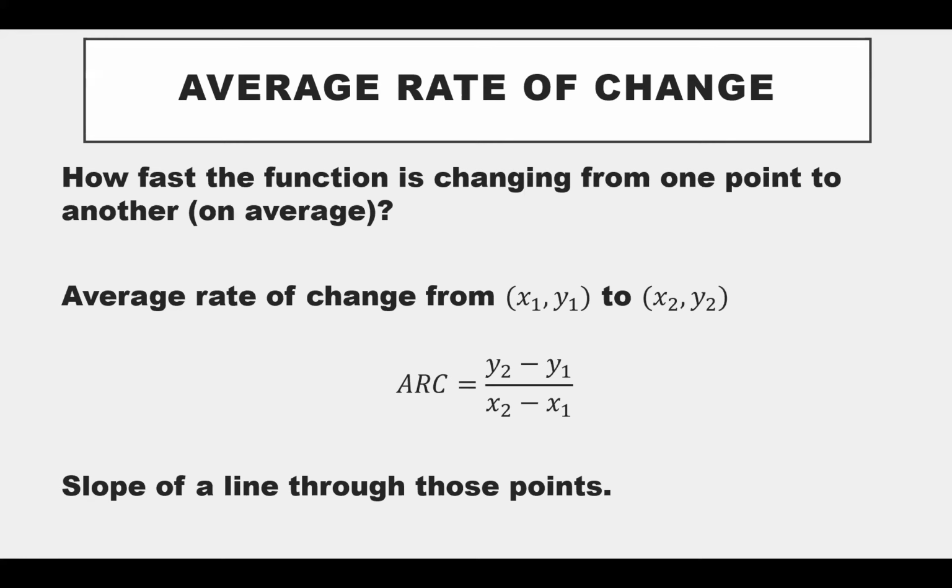So that's the idea of the average rate of change. Average rate of change is giving me how fast my function is changing, how fast we're increasing or how fast we're decreasing, depending on whether the average rate of change is positive or negative. And that is obviously on average.